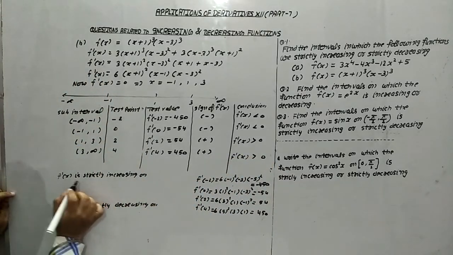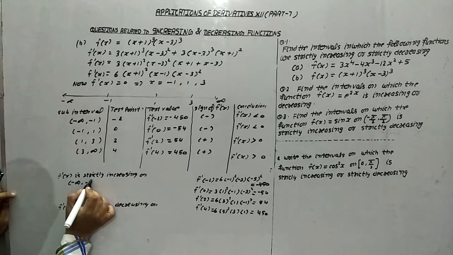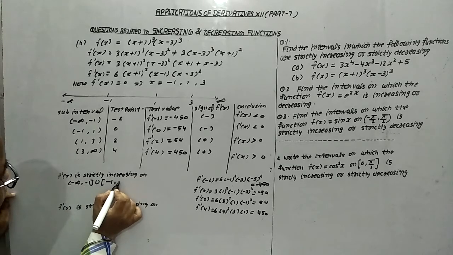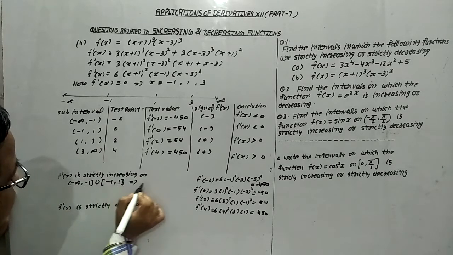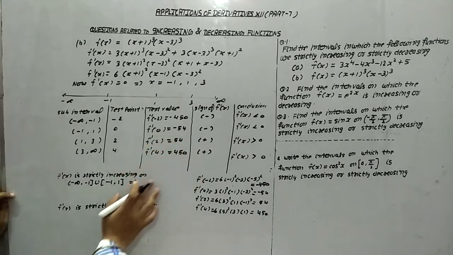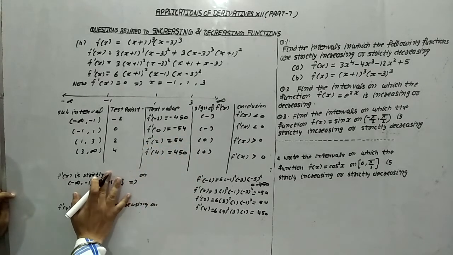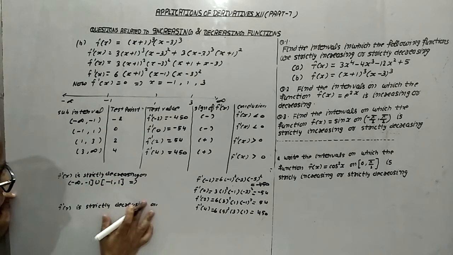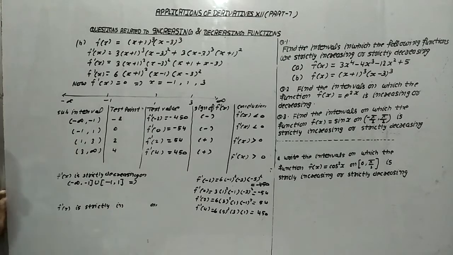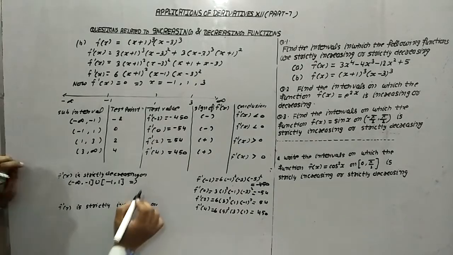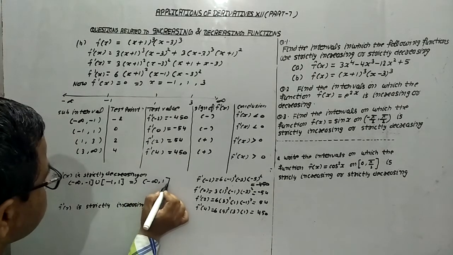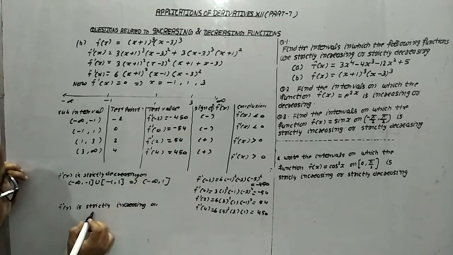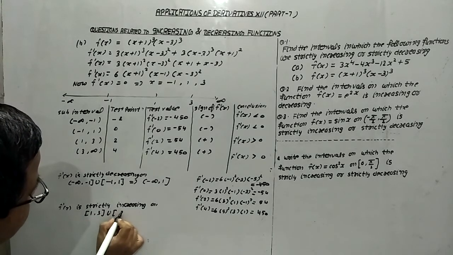So it is strictly decreasing on minus infinity to minus 1, union minus 1 to 1, and strictly increasing on 1 to 3, union 3 to infinity.